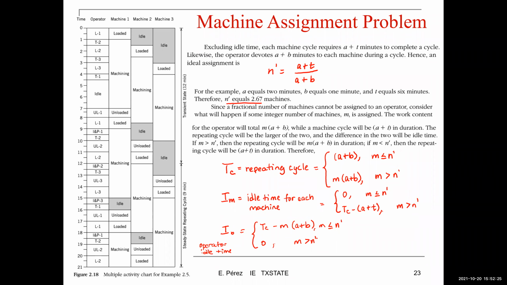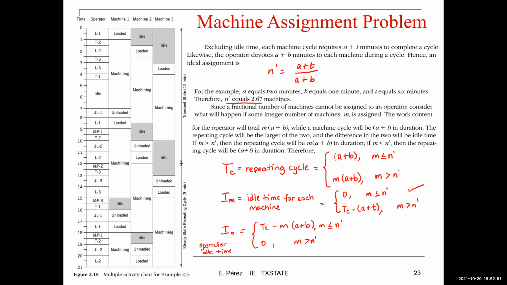So essentially what this is trying to show, if you look at Im, the idle time for each machine, that will never happen if you have more operators than machines. So this is 0. What this is saying is N prime is the number of operators assigned to machines.